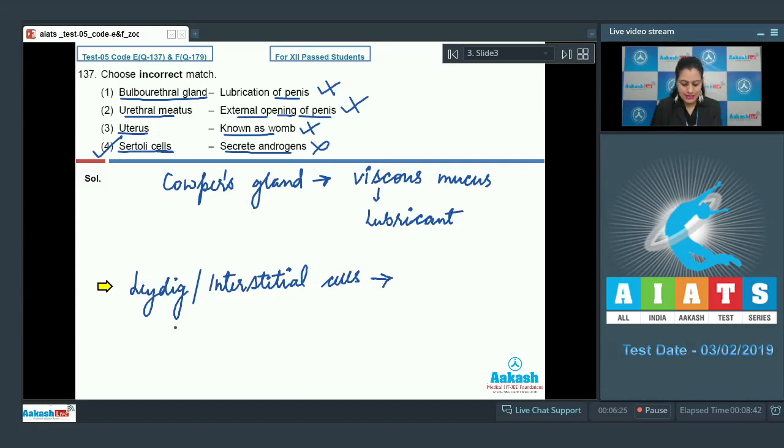Sertoli cells, on the other hand, secrete inhibin hormone. So the correct answer to this question is option number 4. Let's discuss our next question.